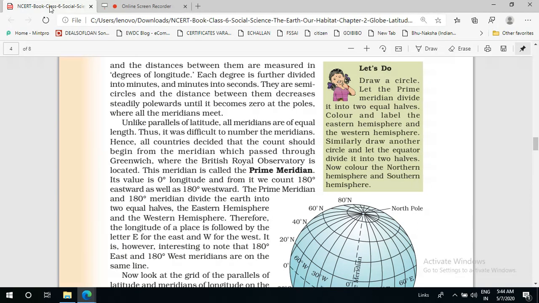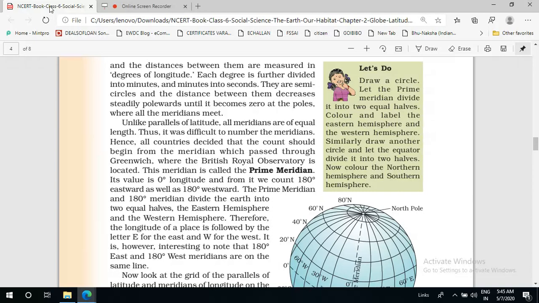Yesterday, we were discussing longitudes, and in this, particularly, we were discussing the prime meridian. The prime meridian is the 0 degree longitude, which passes through the British Royal Observatory. We have discussed all these things, okay?